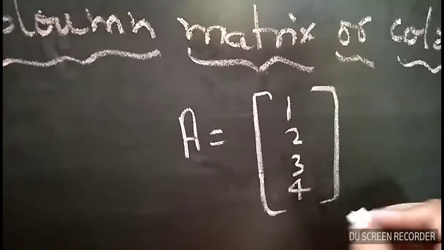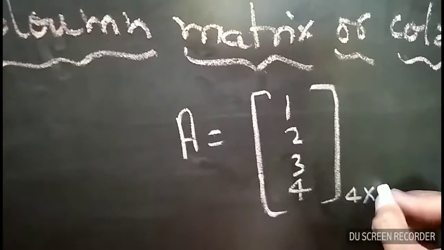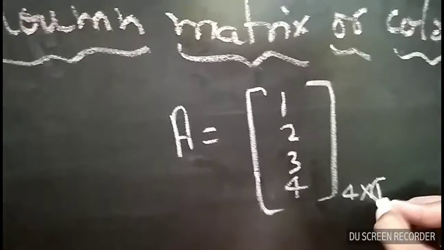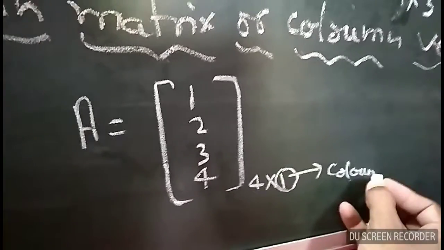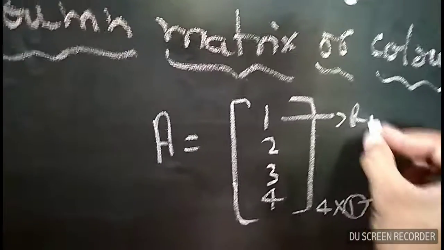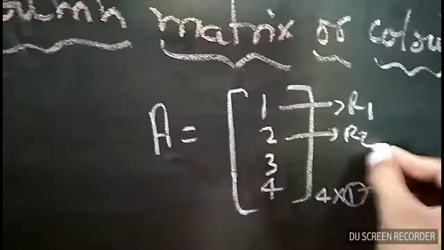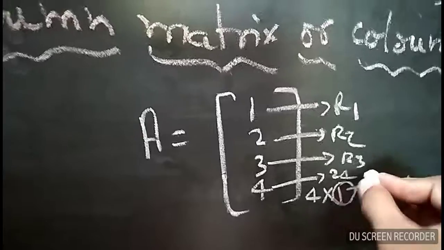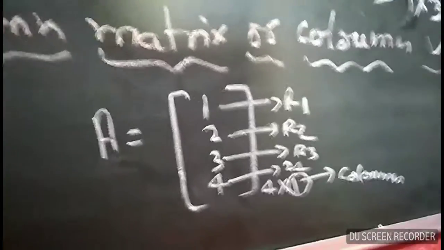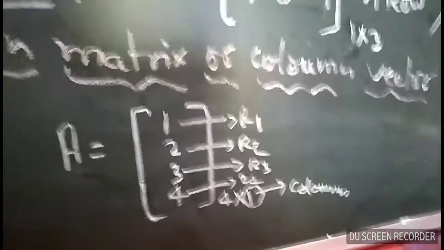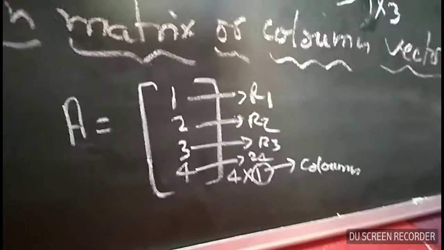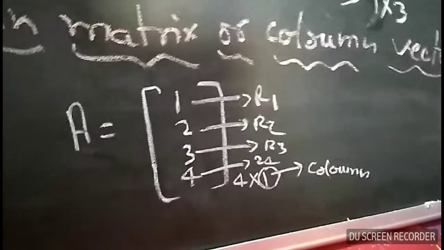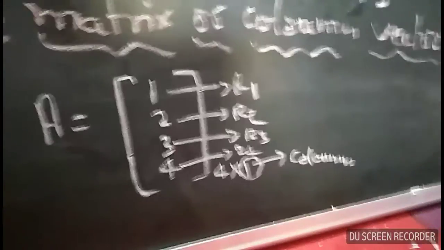Here we see that the order of this matrix is 4 cross 1, that is the column is 1, and there are so many rows, that is first row, second row, third row and fourth row. There are four rows but the columns is only 1, so this matrix is a column matrix because the number of columns here is 1.